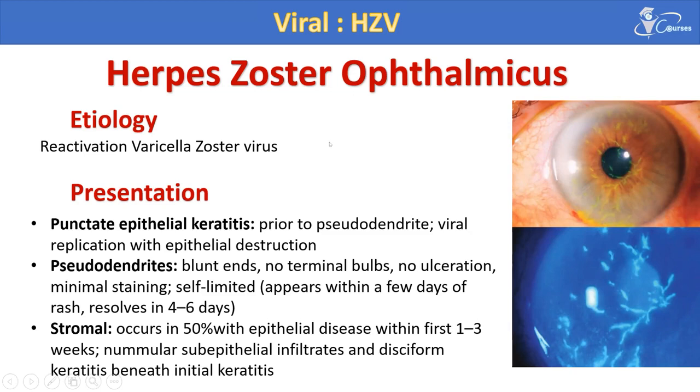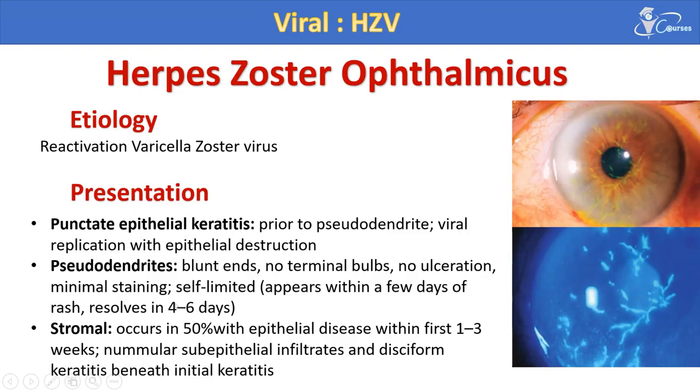How do they present? First of all, they will present with punctate epithelial keratitis. It's sometimes referred to as pseudodendrite. So it starts by punctate epithelial keratitis, then progresses to pseudodendrite. It is a viral replication with epithelial destruction that will cause this or the punctate epithelial keratitis.